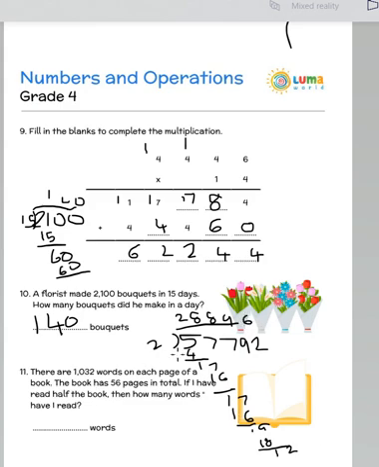So here you have 28,896 words is what you have read if you have read half the book. And how many words have you finished reading because you've read half the book? So it is 28,896 words.